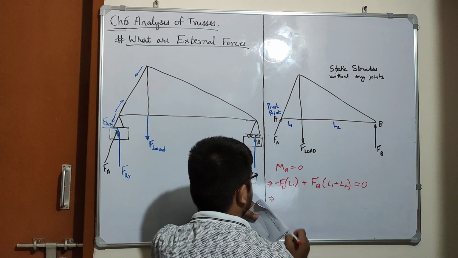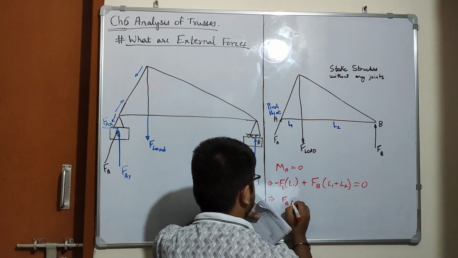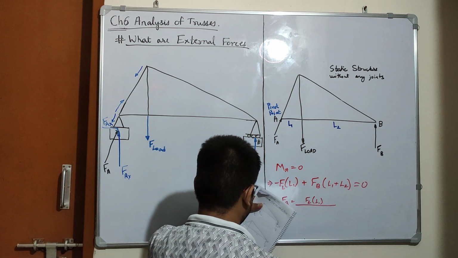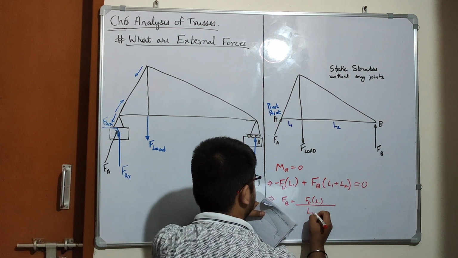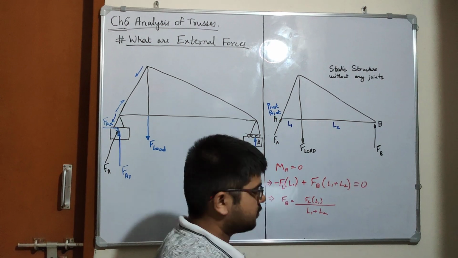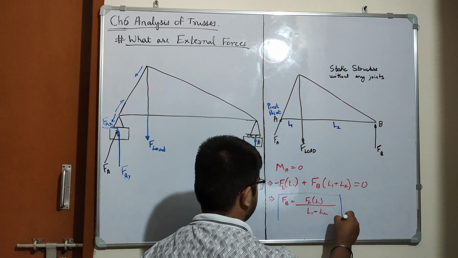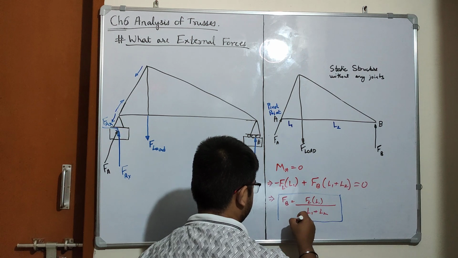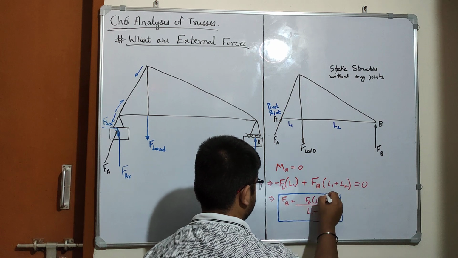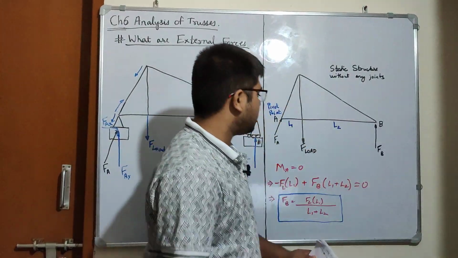So this will imply that Fb equals F L L1 over L1 plus L2. So this is the relation that we have got.